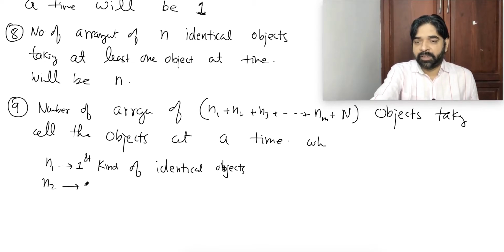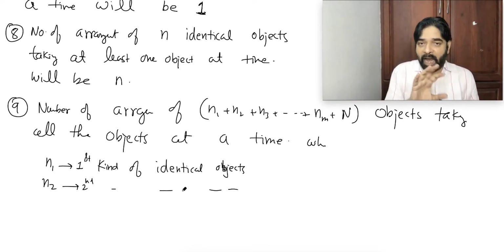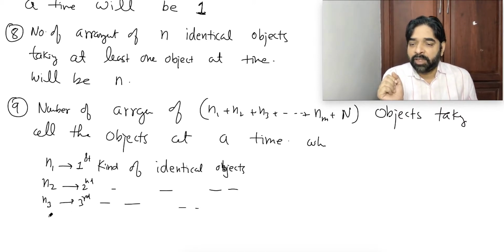N2 means second kind of identical, means N2 number of identical objects are there, but they are different identical objects. N3 third kind of identical object, so on, so on. Capital N is different objects.